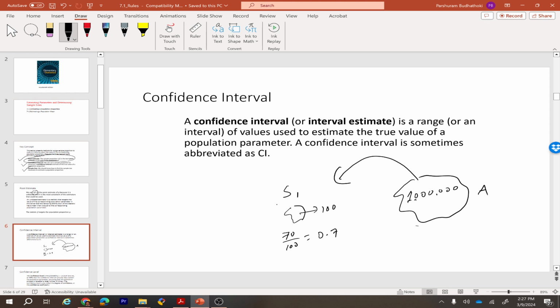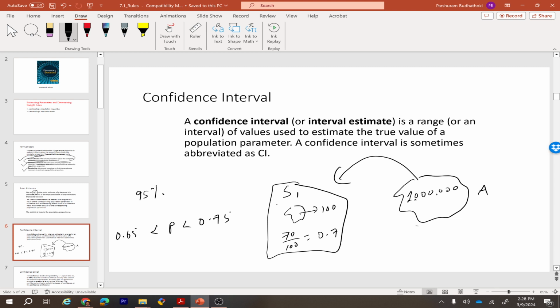So now we would like to give some kind of confidence level. For example, I am going to say, I am 95% confident that based on my sampling process, the population proportion, let's say population proportion is denoted by p, is between 65% and 75%.